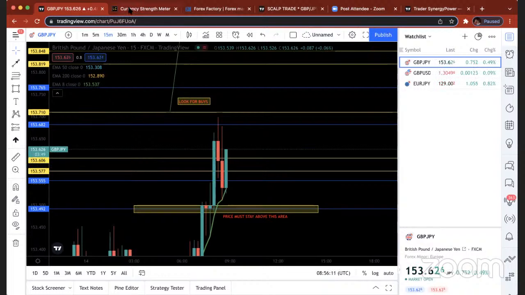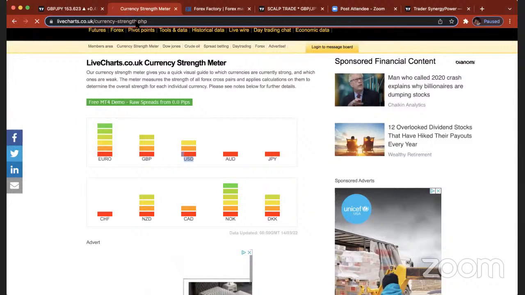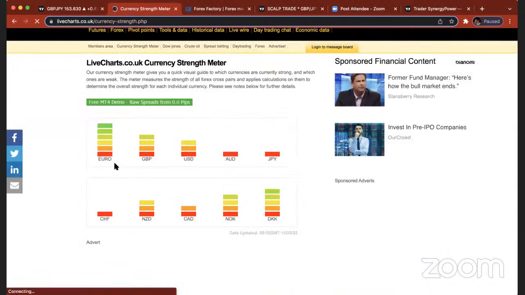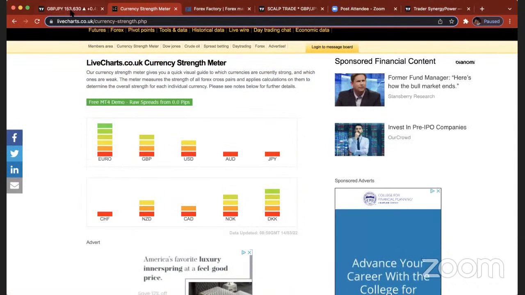We're getting a nice push here. Remember, we have 4 minutes left on the hourly. Euro is super strong since the session started.